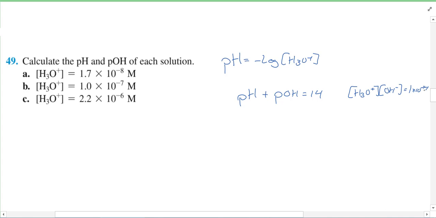So in your calculator, we find the pH, then do 14 minus the pH equals the pOH. That's one way to do it. Or in the calculator, you do negative log of 1.0 times 10 to the negative 14th divided by whatever we get for hydronium.